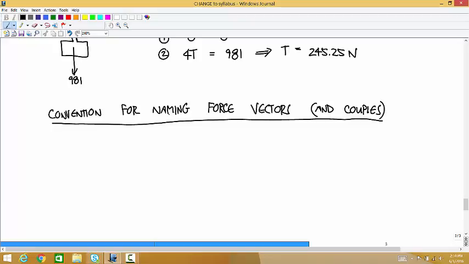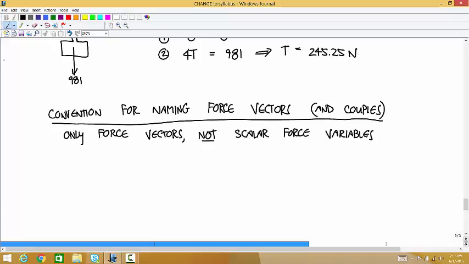The one thing to keep in mind about this naming convention is don't use it with scalar variables. Don't use it for scalar force variables. You only want to use it for force vectors, not scalar force variables. An example of a scalar force variable is like that variable T, the tension variable.